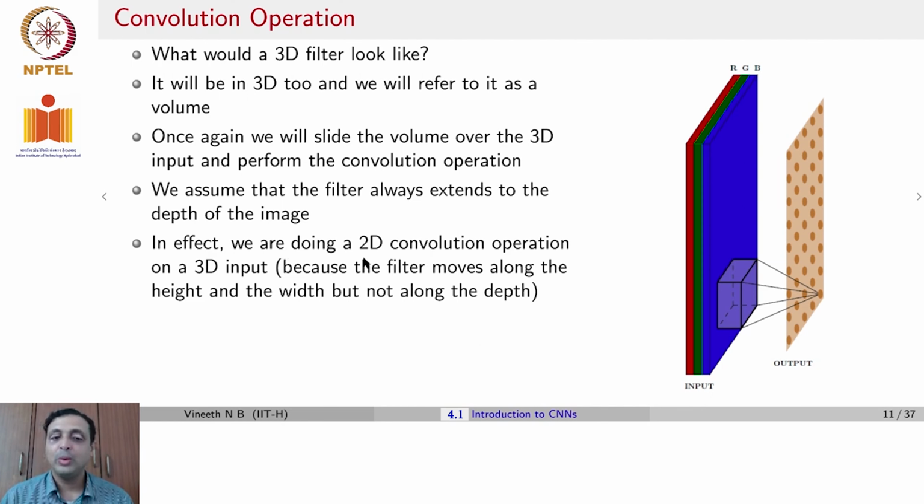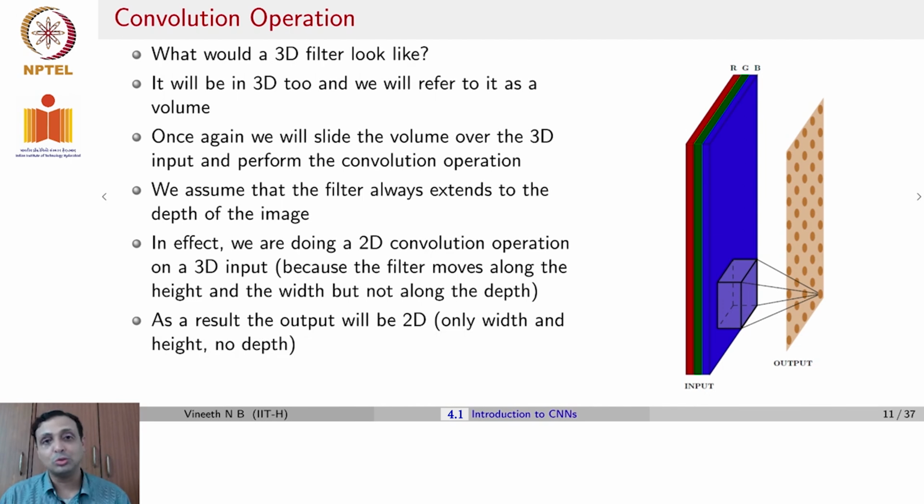In effect, we are doing a 2D convolution on a 3D input. Why do we say that? We slide along the height and the width of the input, but we do not slide along the depth, because the depth of the filter is the same as the depth of your input volume.